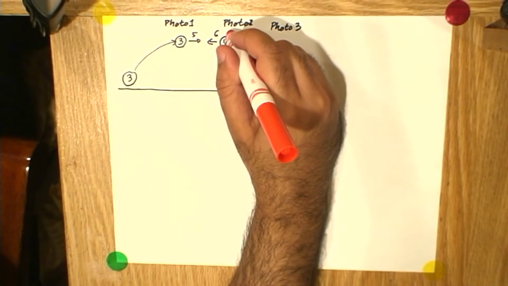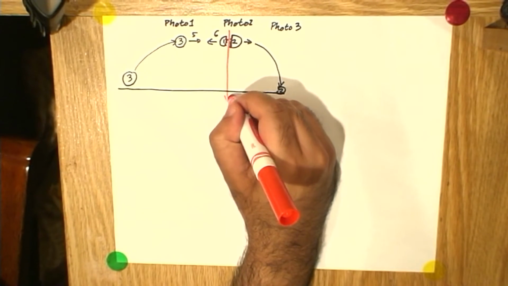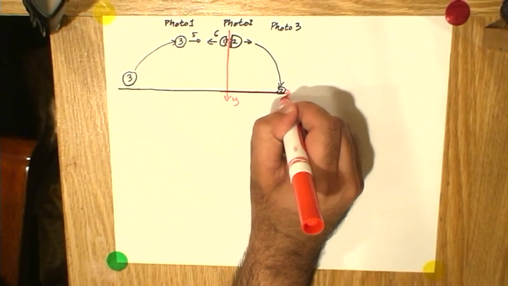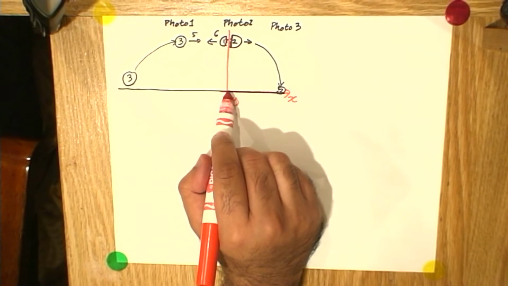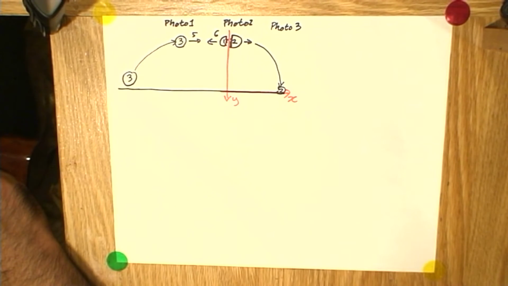I'm going to set my axes like so. I'm going to set downwards as being positive y and rightwards as being positive x, with the origin being on the ground right under where the explosion took place.